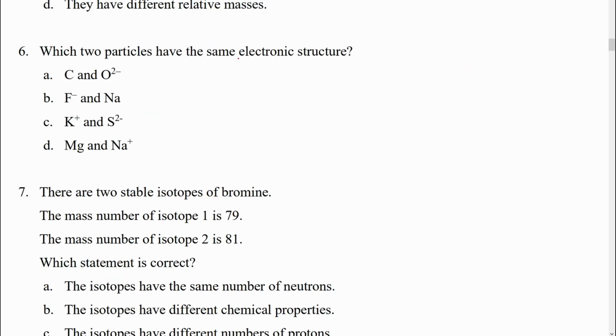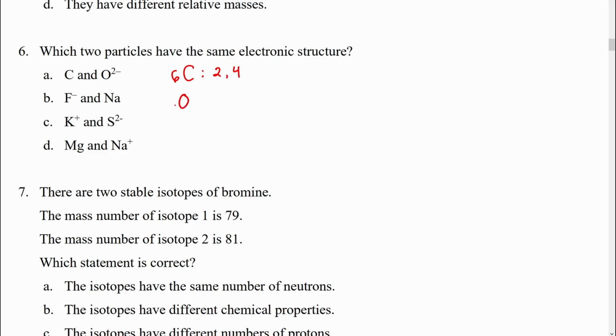Question 6. Which two particles have the same electronic structure? To find the electronic structure, you have to check the periodic table and find the proton number or atomic number, right? The proton number of carbon is 6, so how do we configure carbon? 2, 4, right?